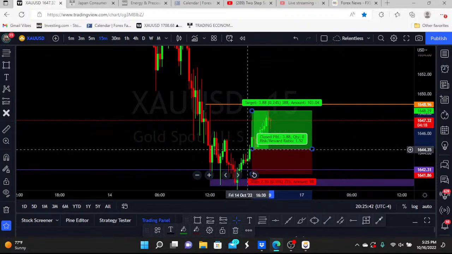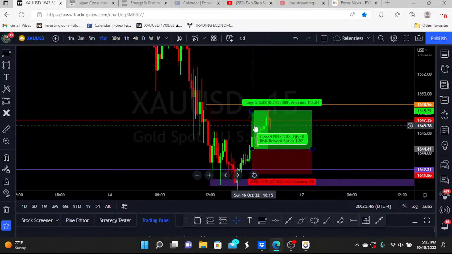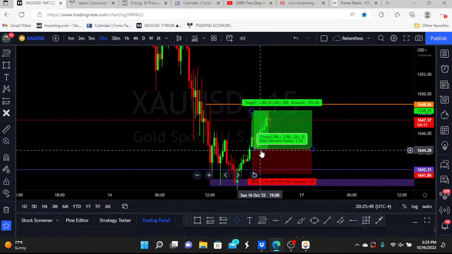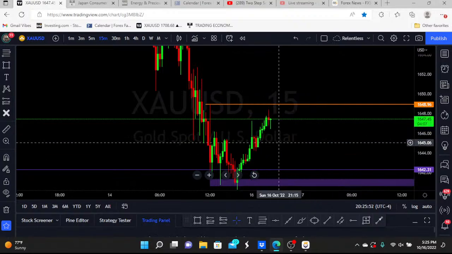All that was a break and retest. Because you see it broke through the level, came back down, retested the level, then flew back again.